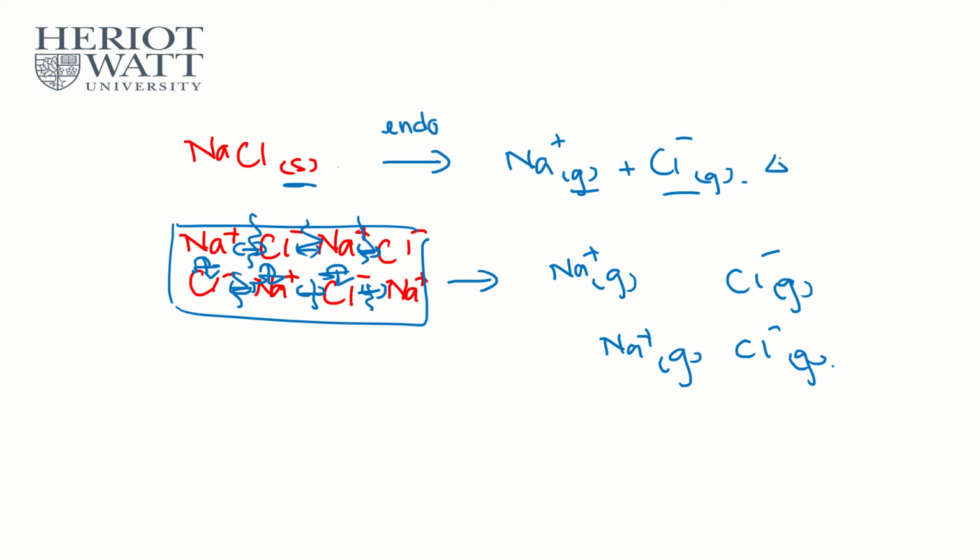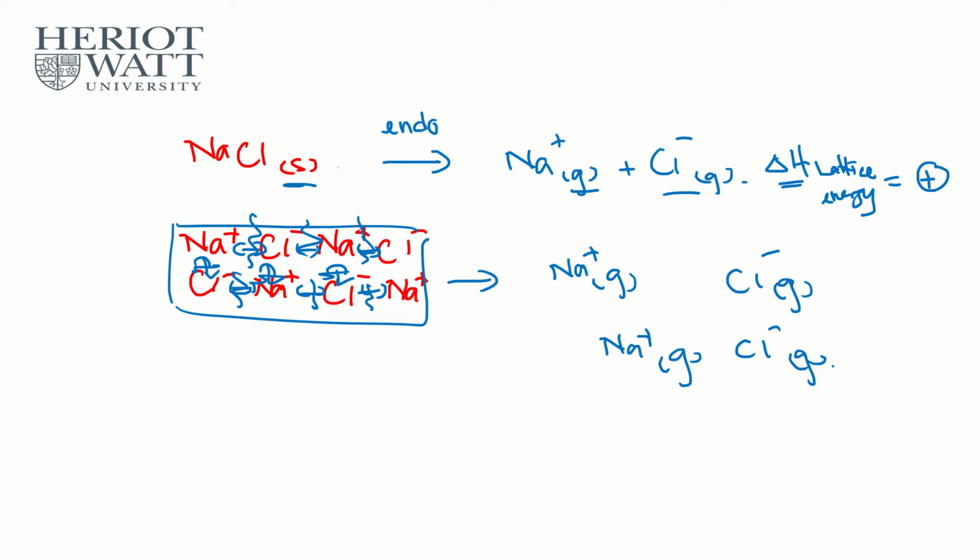So the enthalpy change of lattice energy, hope you still remember this symbol, the triangle with an H, this indicates enthalpy change of lattice energy. So in this case, from solid to gaseous ions, lattice energy is actually positive, because they are absorbing heat to break the bonds.